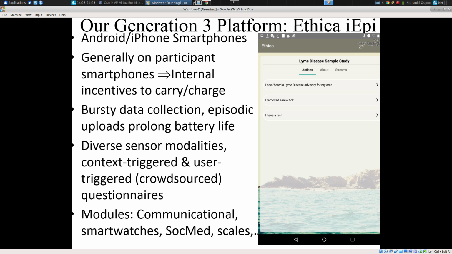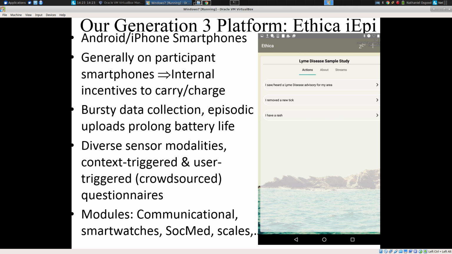And it's targeted at Android and iPhones. It runs on typically participant smartphones. Occasionally for lower SES groups, we hand out smartphones. So for example, for homeless individuals in Regina, we're tracking a cohort of homeless individuals. Tina, my graduate student, has been central to that. And many of these individuals are homeless.